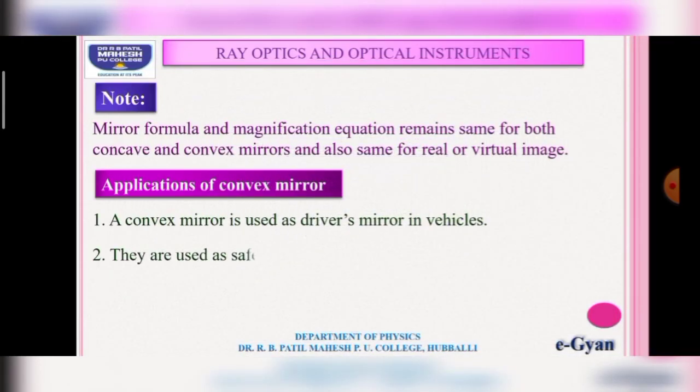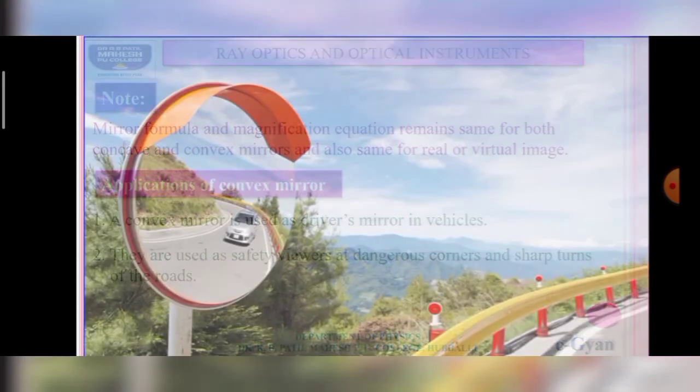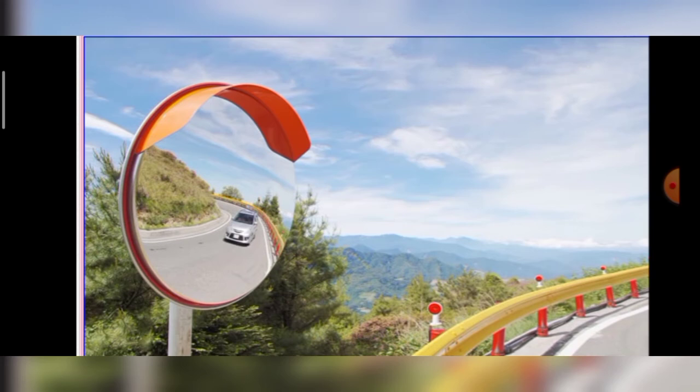Second one, they are used as safety viewers at dangerous corners and sharp turns of the roads. Okay, you can see these mirrors used at the corners, so that they are used for safety view, so that accidents can be avoided at sharp turns.